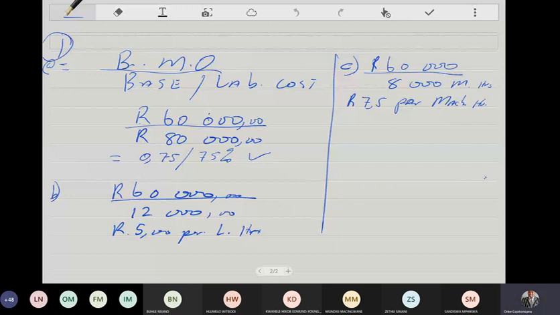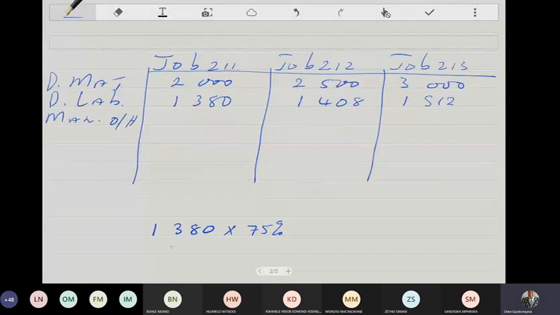So 1,380 times 75% gives you 1,035. That's how you get to know your manufacturing overheads for job number 211. I hope that is clear.